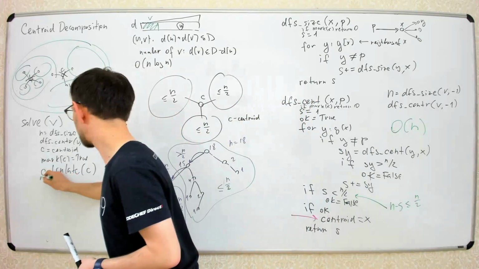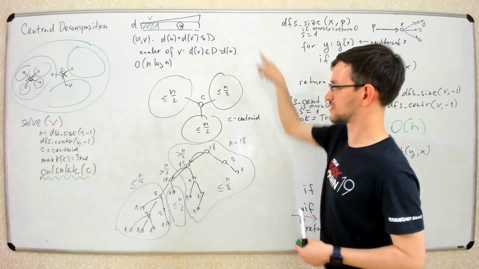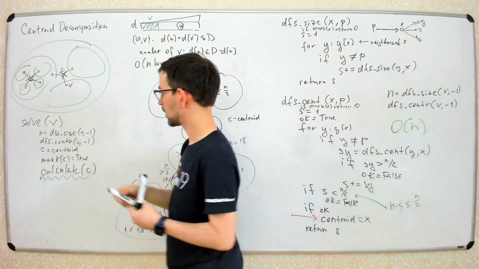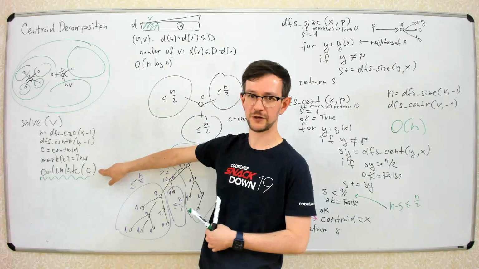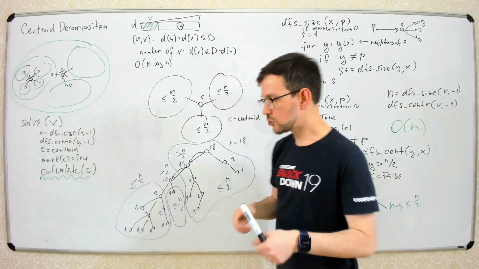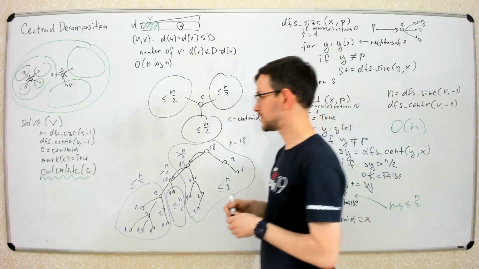So here you call the procedure which does all this stuff. You need to calculate all these pairs for this node C. Here you do something intelligent, right? Here you actually solve your problem. And now you just call the same procedure for all these.